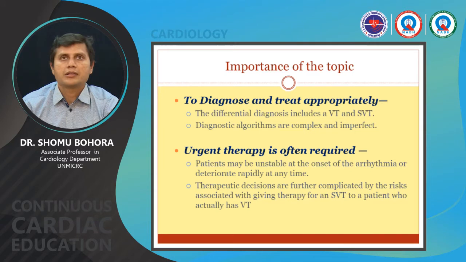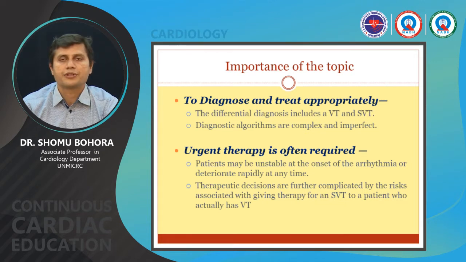So why are we discussing this topic? It is very important in clinical cardiology to diagnose and treat appropriately a broad complex tachycardia, which is generally a ventricular tachycardia, and often urgent therapy is required for these patients as they become unstable at the onset or deteriorate rapidly at any time.